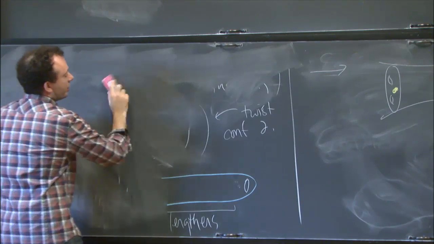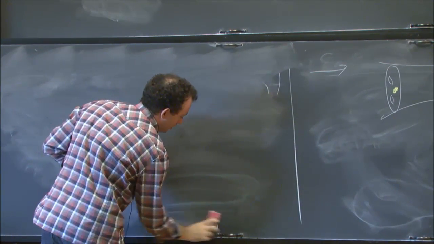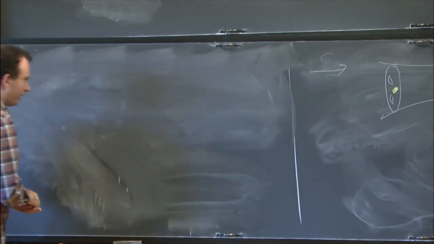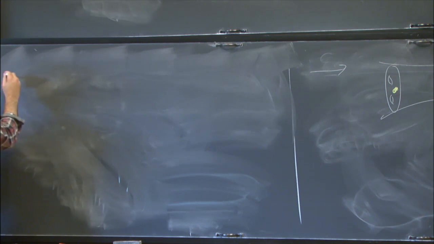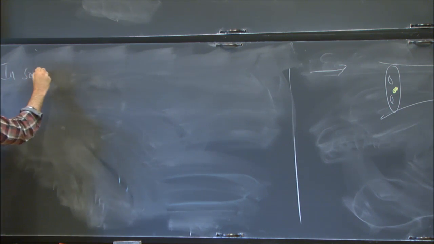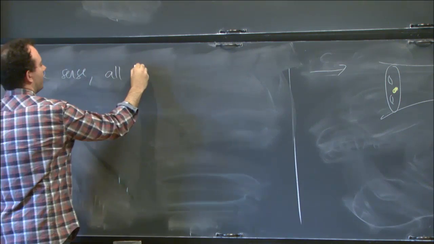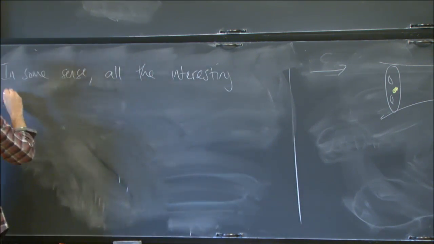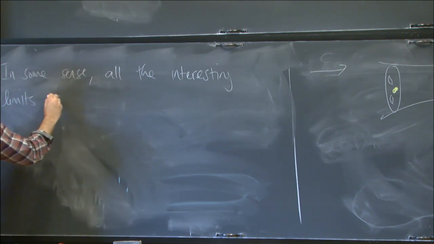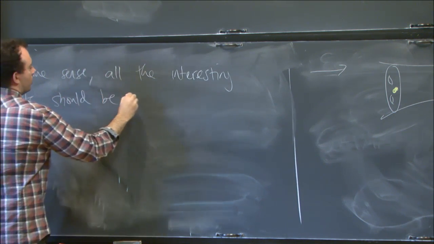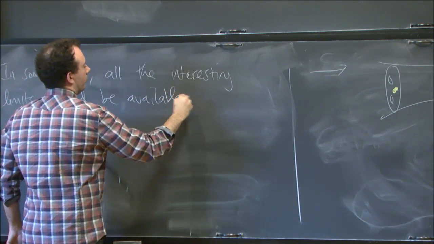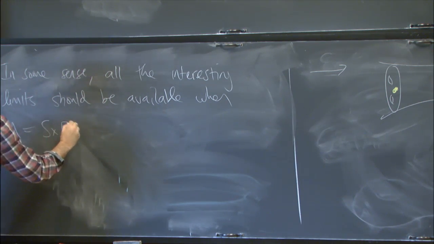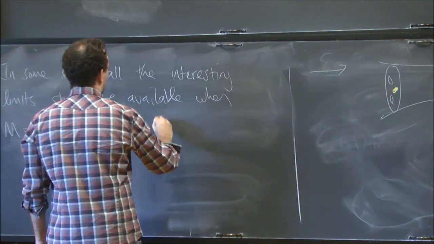And all I'm trying to convince you of here is that, I won't make any attempt to justify the following statement more than by writing on the board, but in some sense all the interesting geometric limits should be available when either M is a surface cross an interval, or a handle body.